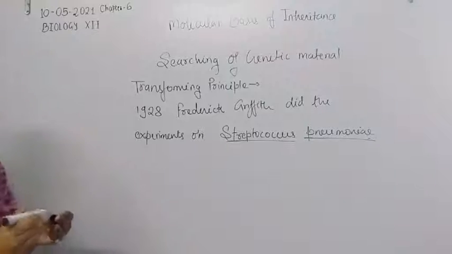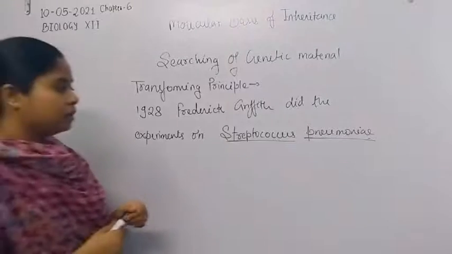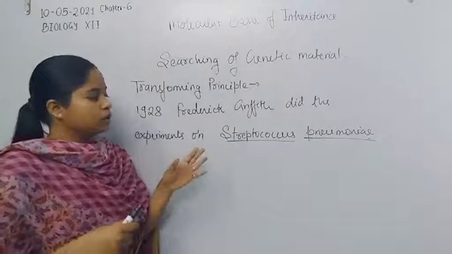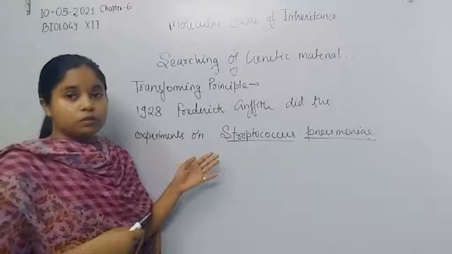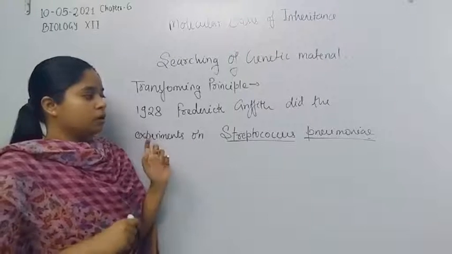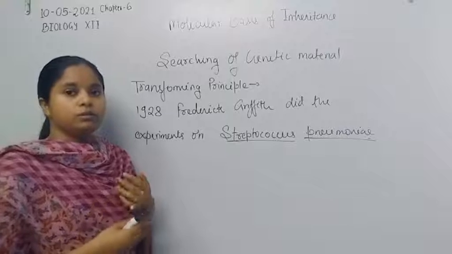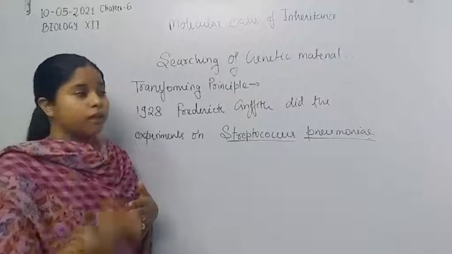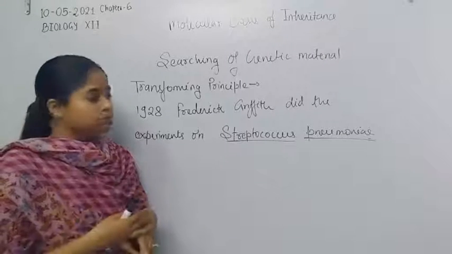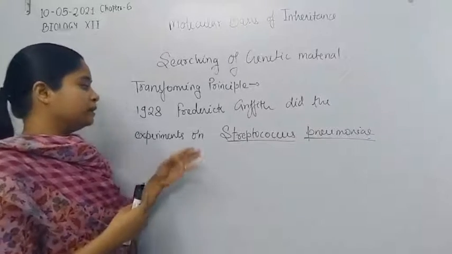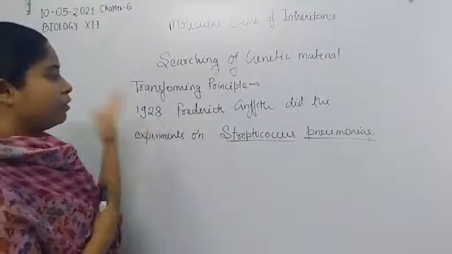Now, when he was doing the experiment, he observed that one type of Streptococcus pneumoniae converted, or transformed, into another type of Streptococcus pneumoniae, and thus he gave the transforming principle.